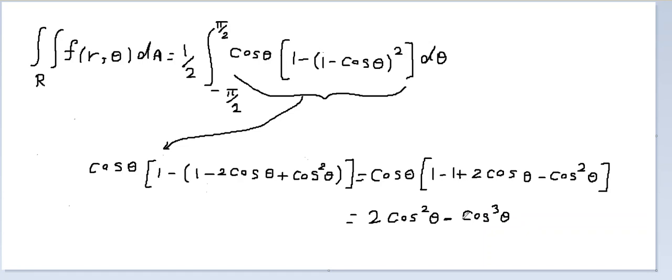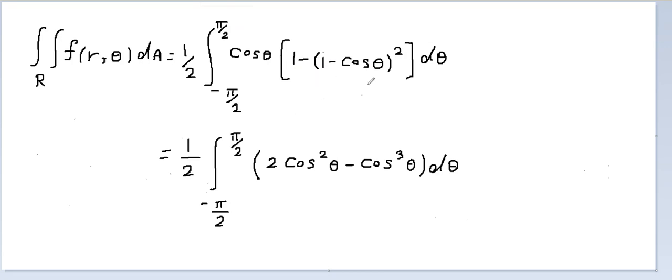So now we put this one here, and then we calculate the integral. After calculation, this term equals 2 cosine squared minus cosine to the power of 3. Now we have to calculate this integral.